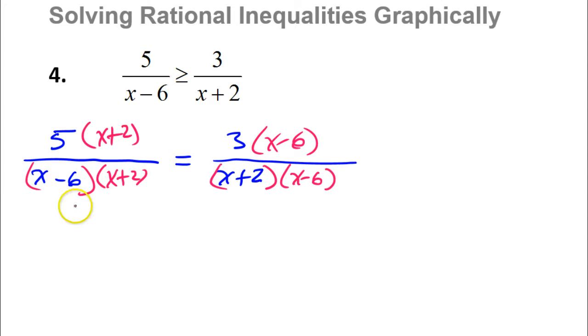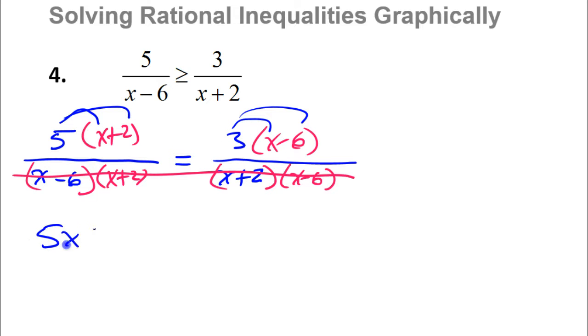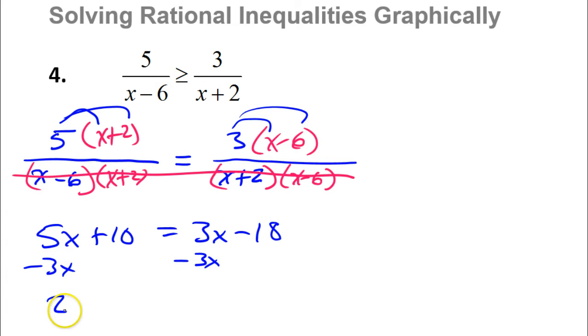Now that the denominators are the same, I can cancel them out and make a new equation. Using the distributive property, my new equation is 5x plus 10 equals 3x minus 18. Then I subtract 3x from both sides, which gives 2x plus 10 equals negative 18.